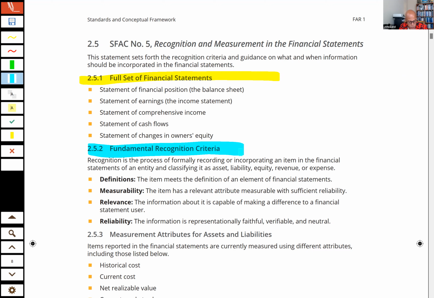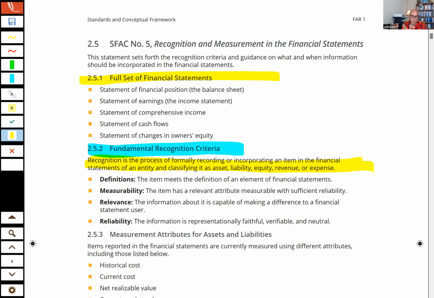Fundamental recognition criteria. Sometimes this stuff gets a little wonky and a little hard to understand. But what recognition is basically saying is, should we include something in our financial reports? Should it even be in there, period? Should it be there where we can go and look and see it on the balance sheet or the income statement?